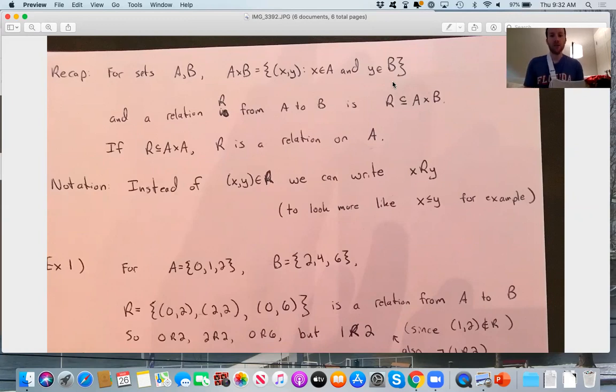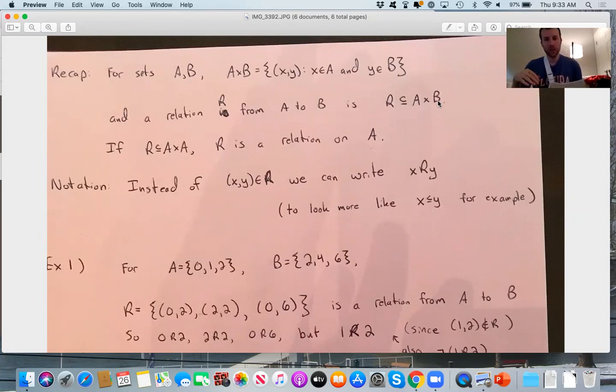But more often, we aren't interested in looking at all pairs coming from two sets. We really want to look at a relation, which is a subset. So a relation consists of pairs coming from A and B, but it's not all of them, it's just a particular subset.